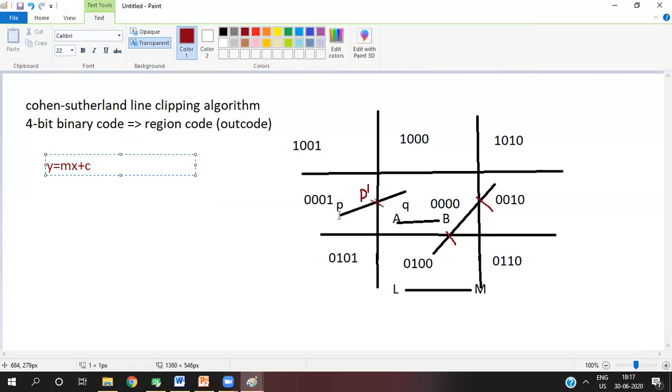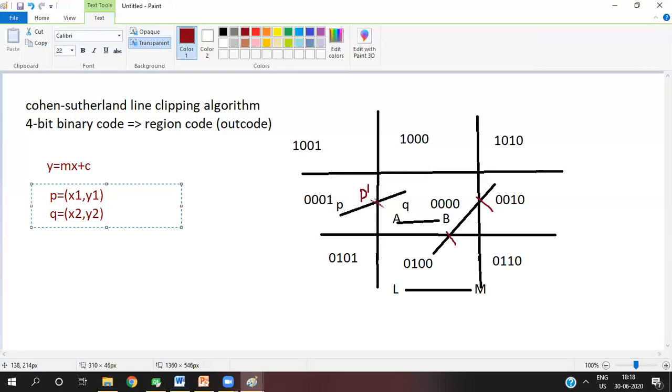If I consider point P as x1, y1 and point Q as x2, y2.